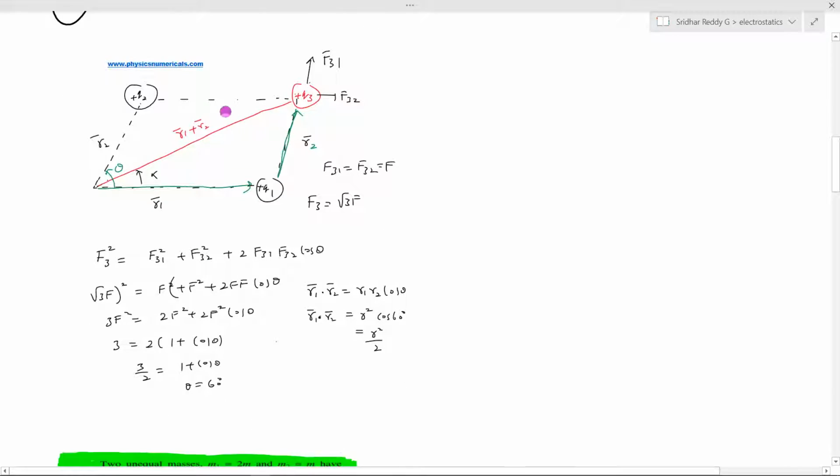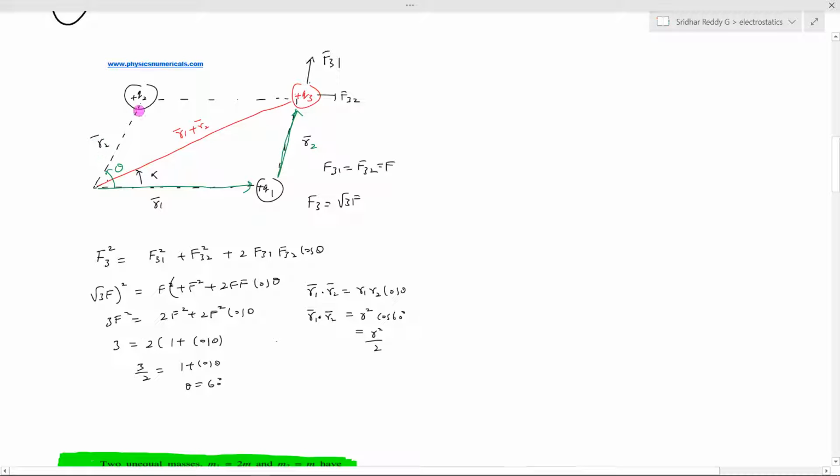Now, what we have is a point charge Q1 kept, and the position vector of this will be R1 bar. Then a point charge Q2 is kept, and the position vector of this will be R2 bar.